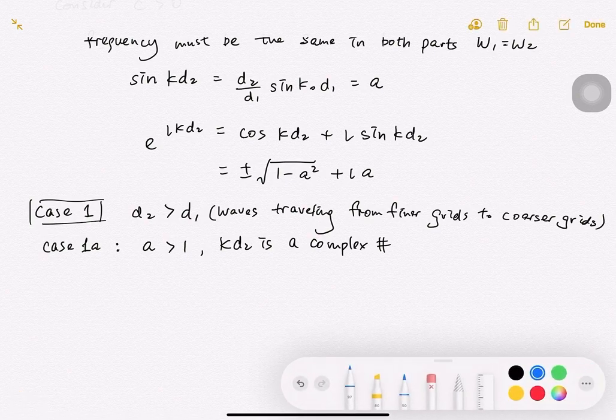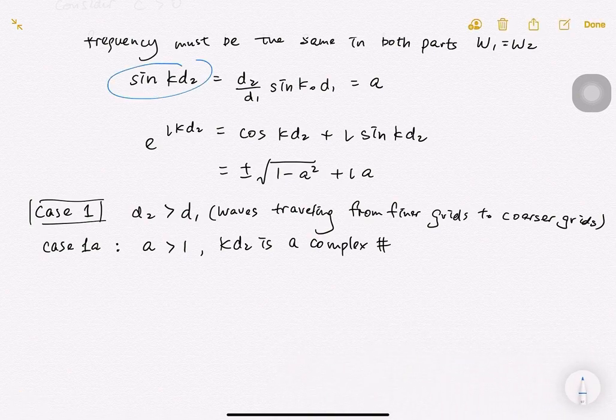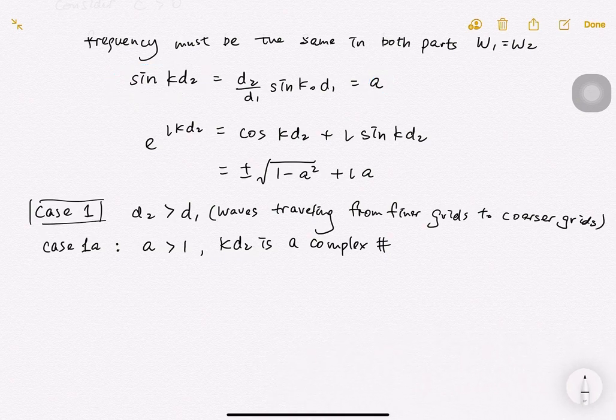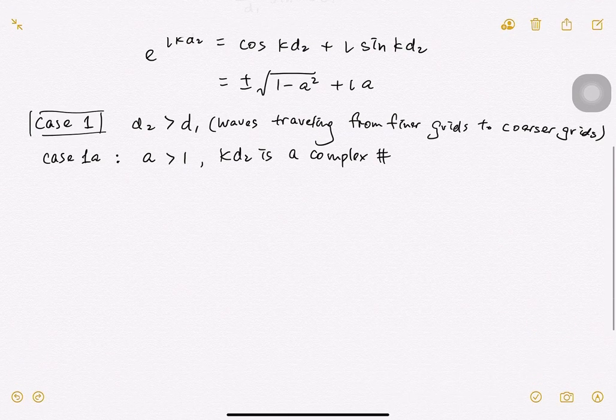Okay, because if you look at this one, if A is larger than 1, then normally we should not have any values for KD2 because it's not permitted. But we can make KD2 a complex number to fulfill this. Okay. I don't know if you have learned this in the math course, so that's why this is optional.